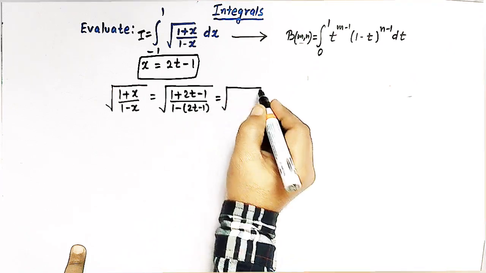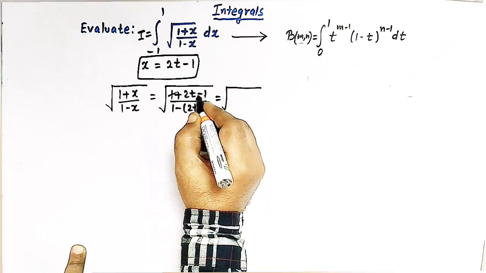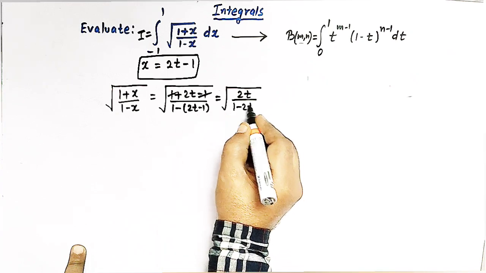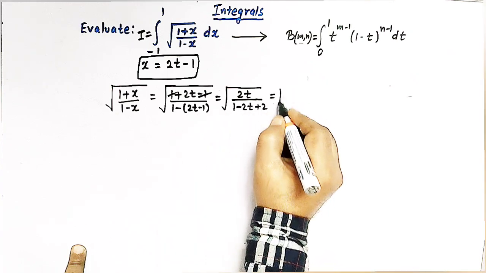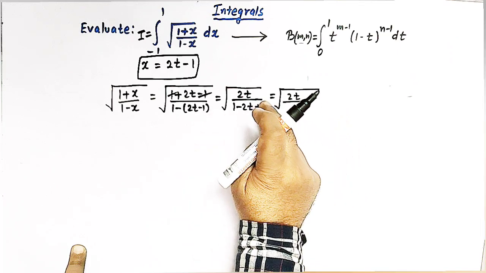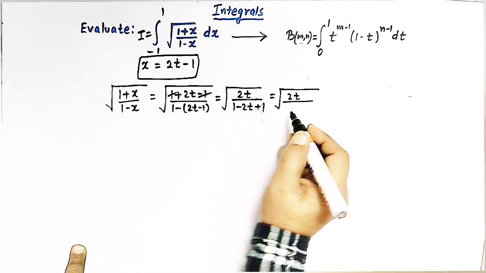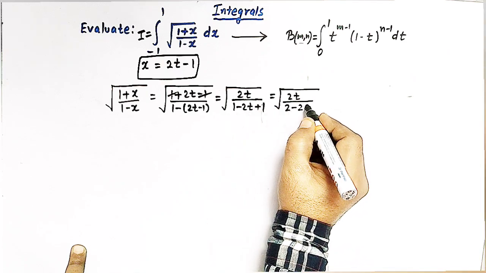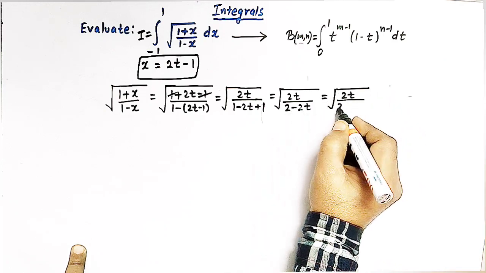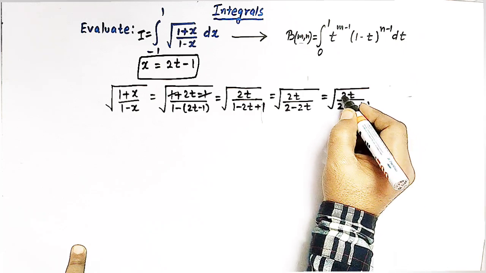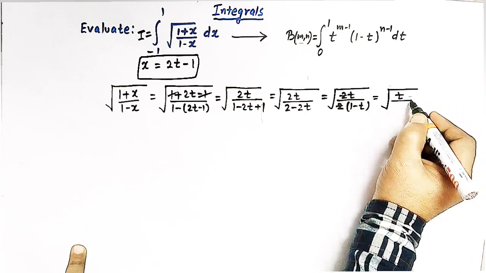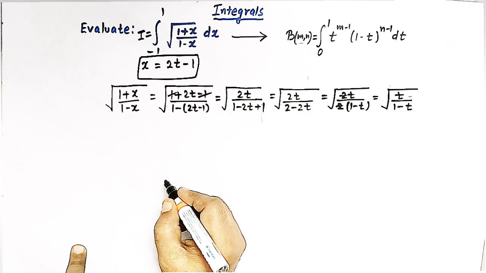The 1 and minus 1 cancel and we are left with 2t, and in the denominator we have 1 minus 2t plus 1, which is 2 minus 2t. Taking 2 common in the denominator we have 2 times (1 minus t). Now the 2 and 2 cancel, so we have the square root of t over (1 minus t).